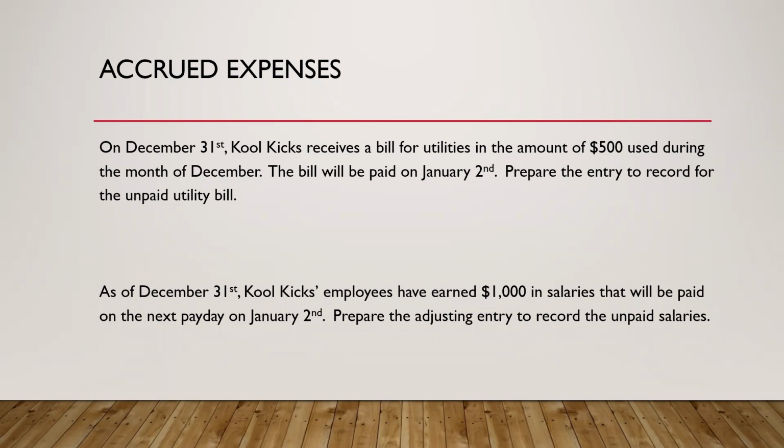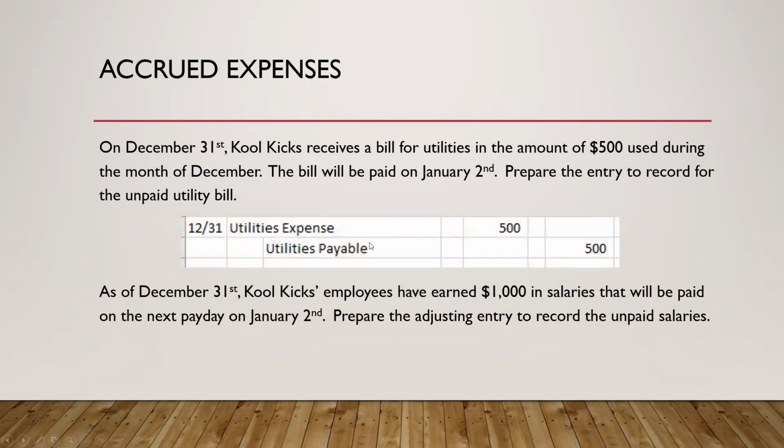We're doing the entry for December 31st. As of December 31st, we received the benefit of the utilities, but we haven't paid the cash, which means we owe someone some money. So what we'll see is a debit to utilities expense and a credit to utilities payable. So typically, when you're looking at an accrued expense, we debit the expense, we credit the payable.